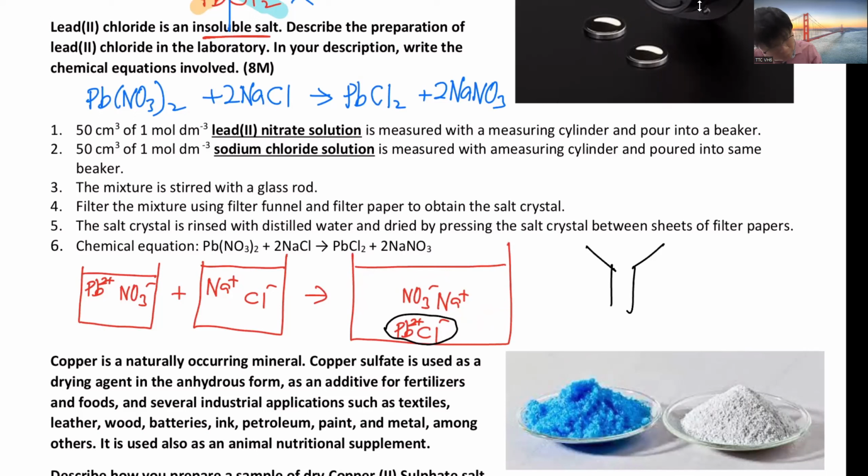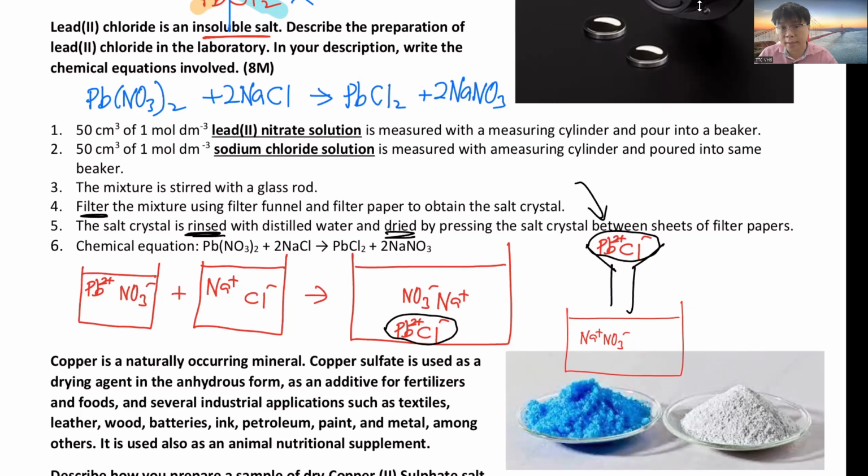You filter, rinse, and dry. Then you filter this mixture. The insoluble salt will be on top. Then the solution will be below. The sodium nitrate will become the filtrate. Then you just rinse this salt, then dry it.